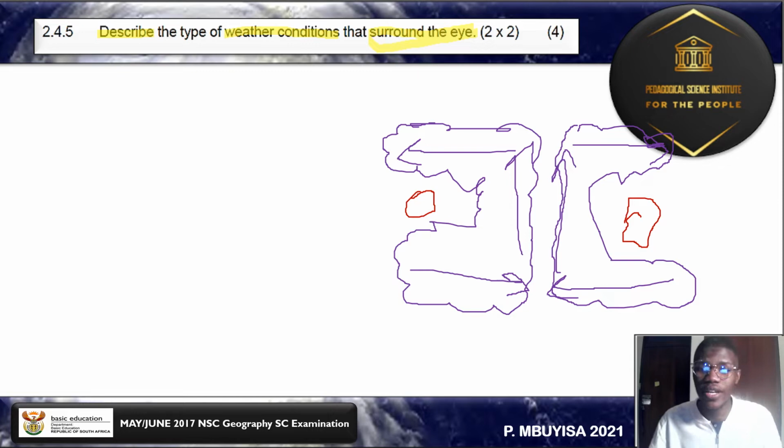So you have your cumulonimbus clouds on the vortexes, and this is your first vortex and this is your second vortex. Now because we have cumulonimbus clouds, we know that they are associated with heavy rainfall, right? So you have heavy rainfall, so that's one of the weather conditions that you're going to have.